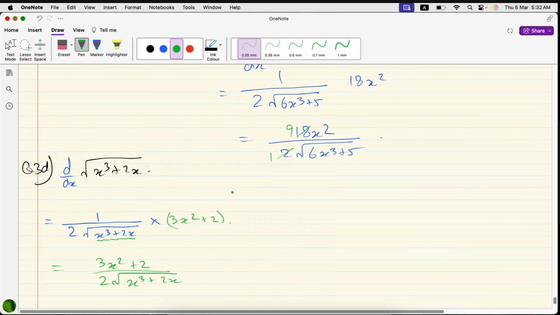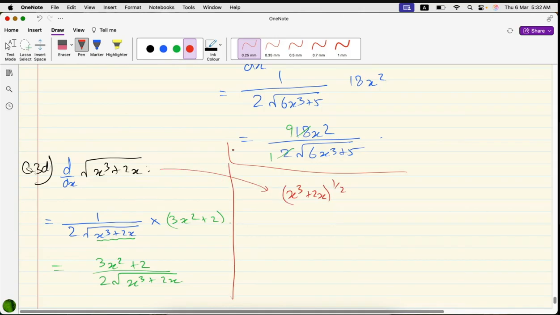Now I'm going through this question again step by step. The question was x cube plus 2x power 1 by 2, and now we differentiate it, d over dx. So what do we get? We deal with the power first, 1 over 2, and then we subtract 1 from the power, and then we multiply with the differentiation of the base, that is 3x square plus 2.